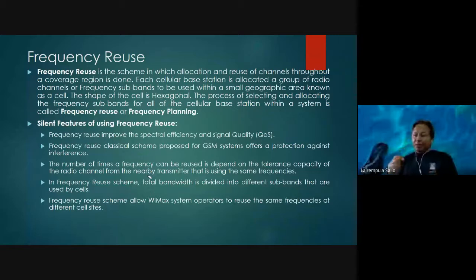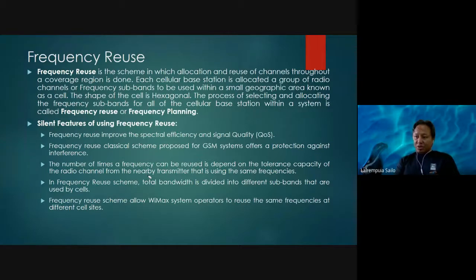Total bandwidth means the total area coverage by the different types of cells, divided into the sub-bands used by the cells.